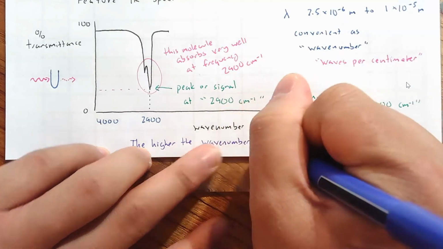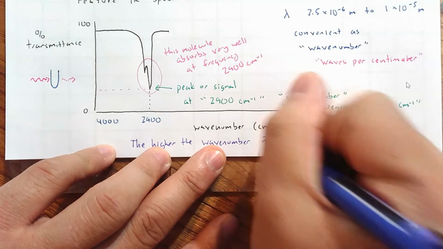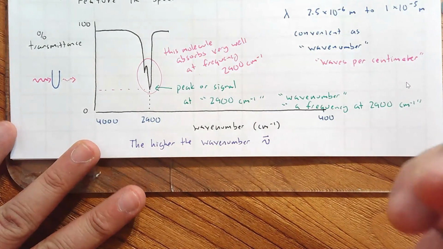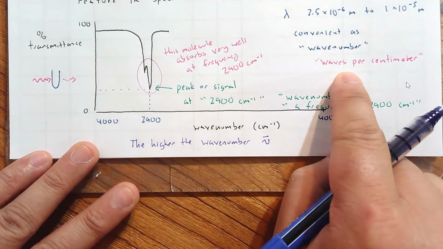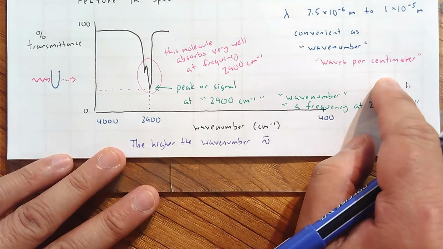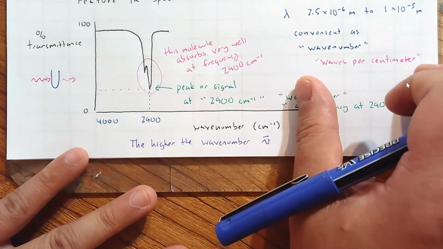It's kind of weird. It's a frequency with a little bar on top. So that's also why we could consider these numbers as frequencies. It's waves per centimeter, the frequency of waves per this length.